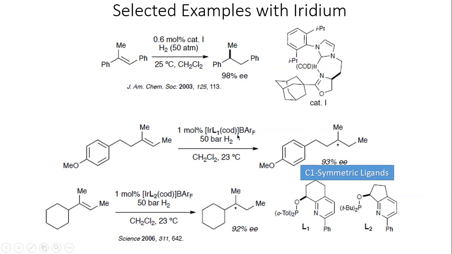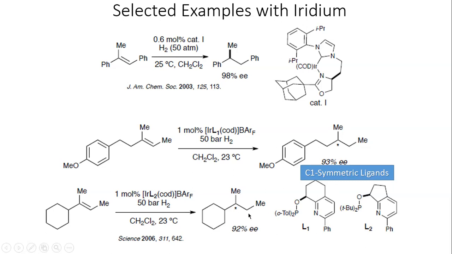It's a cationic catalyst, and you hydrogenate this alkene at room temperature, 50 bar pressure of hydrogen, and 93% EE, 92% EE for this alkene. And these iridium systems are actually using C1 symmetric ligands right here. So not C2 symmetric, but still very high in selectivity.